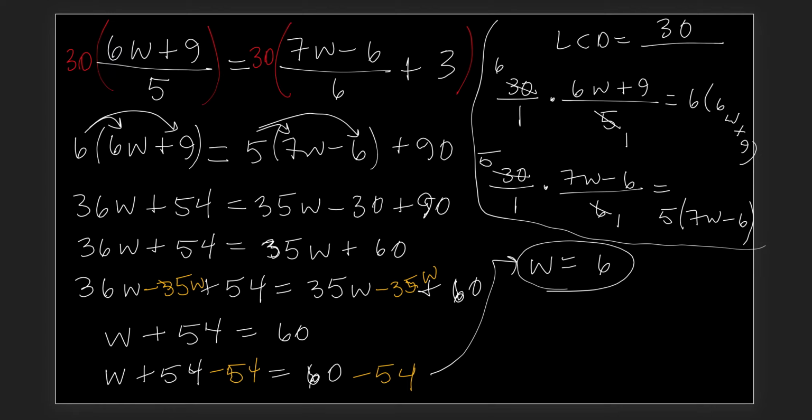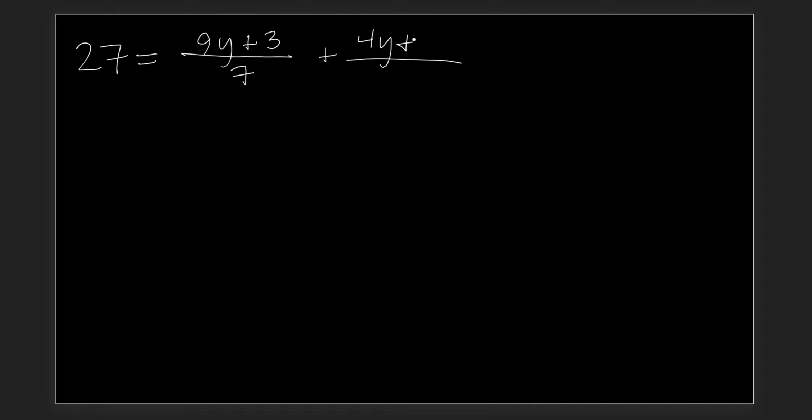Now I'll do one more problem like that to help emphasize the process. So say we have 27 equals 9y plus 3 all over 7 plus 4y plus 9 over 3.